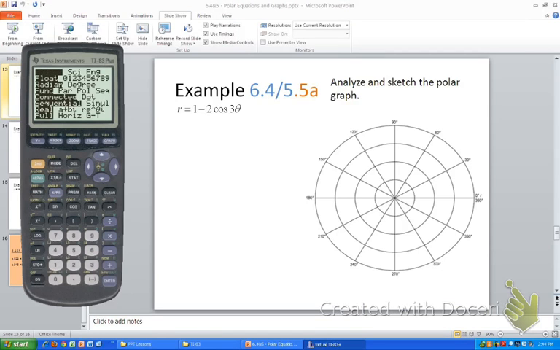And this time you're going to scroll down and change it to POL for polar. Press enter, and then go to y equals. From here it should be pretty self-explanatory. You are typing in your r equation. So we will type in 1 minus 2 cosine of 3. And then if you press that X key, it's going to do theta since it knows it's in polar. Then we want to go to our window.